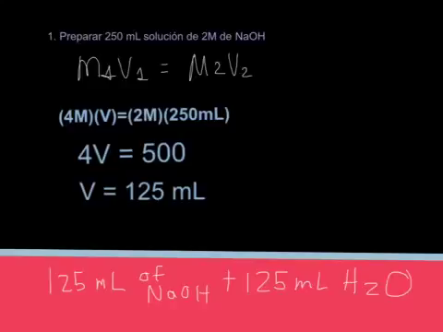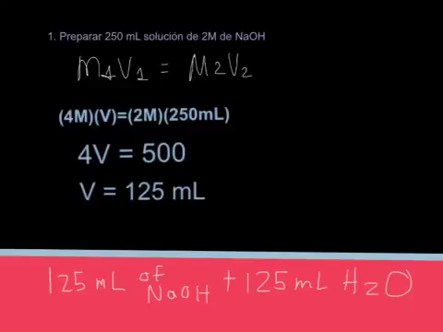So in M1, you replace the molarity with 4 molar, and the volume is the variable you're going to find. In the second part of the equation, you replace M2 by 2M and V2 with 250 milliliters.